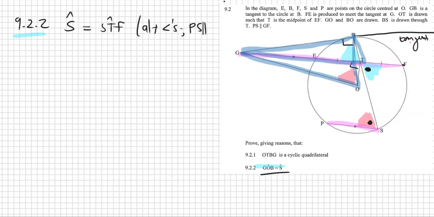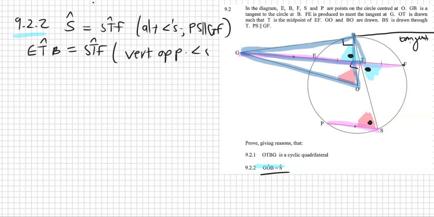So PS is parallel to GF. Okay. Then after that, ETB is also equal to STF. And the reason is just vert op angles.